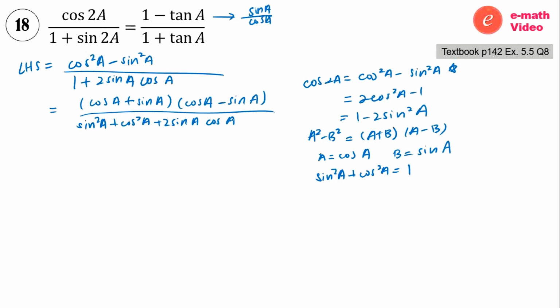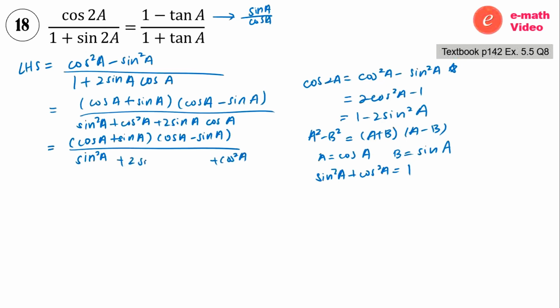And then for the denominator, as you can see, it's a very similar form, right? Let me rearrange it for you. On top we just copy, times cos A minus sine A. And then below, I arrange it like this: sine square A plus cos square A at the back, plus 2 sine A cos A. Very familiar, right? It is actually A square plus 2AB plus B square, which is A plus B square.